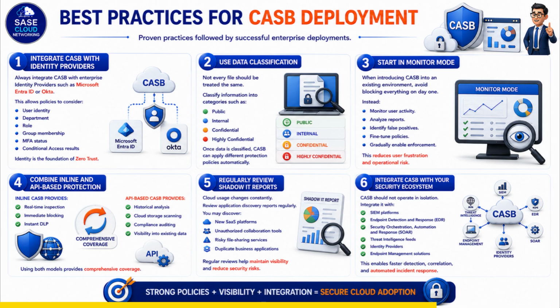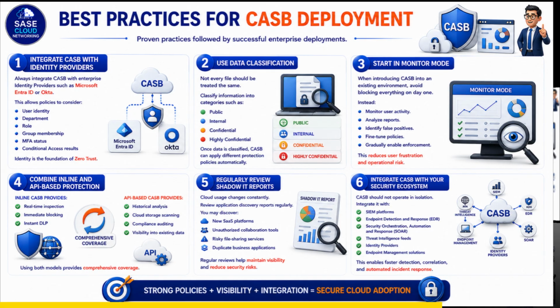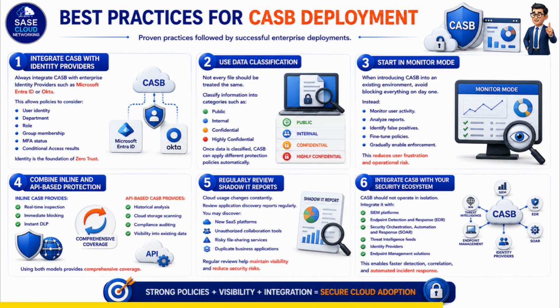Regularly review shadow IT reports. Cloud usage changes constantly. Review application discovery reports regularly. You may discover new software as a service platforms, unauthorized collaboration tools, risky file sharing services, duplicate business applications. Regular reviews help maintain visibility and reduce security risks.